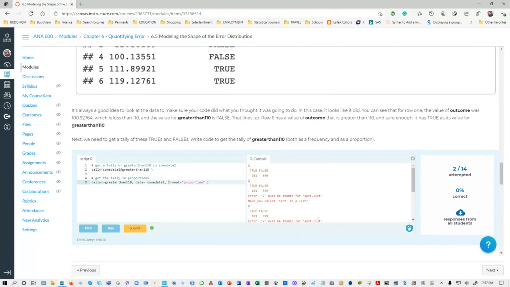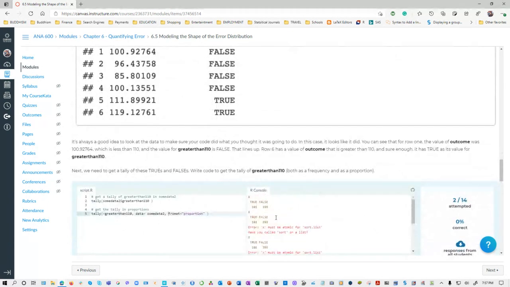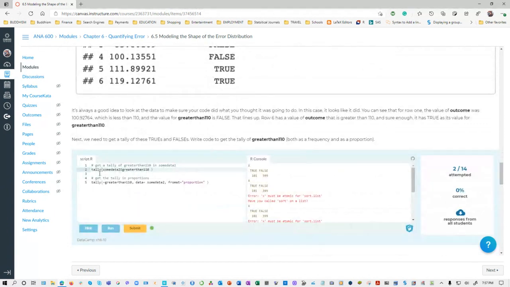Okay. Some data 2 greater than 110. Okay, this one tally, get the tally in proportions. Okay, format proportion. I get the proportion. I get this one.